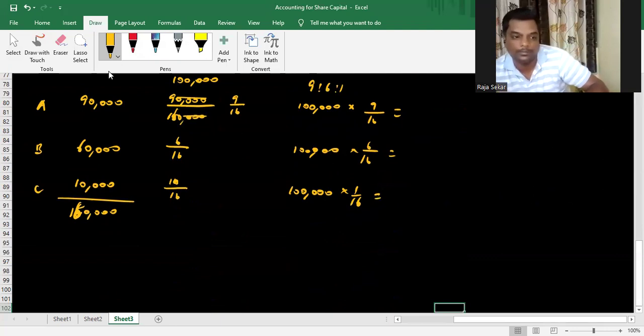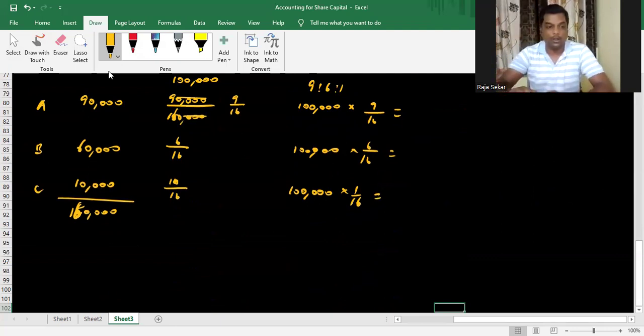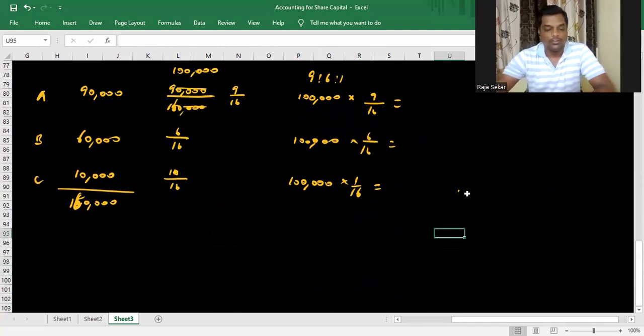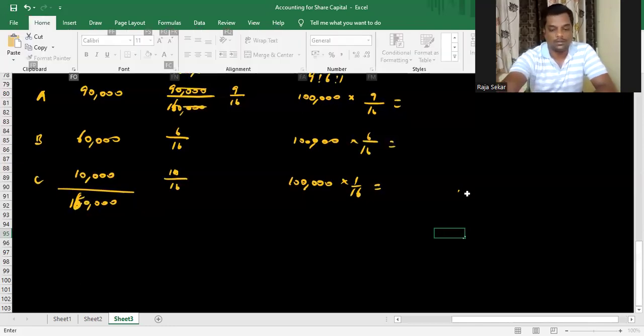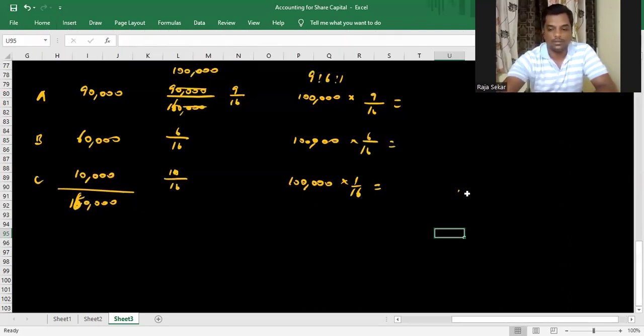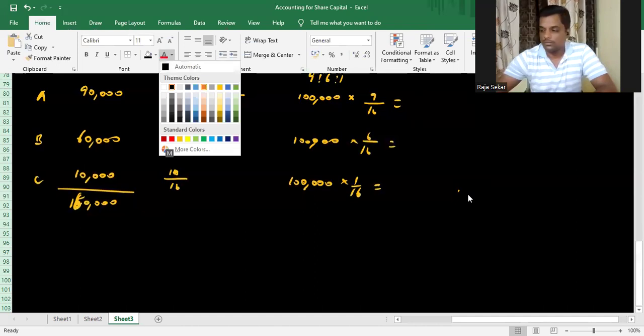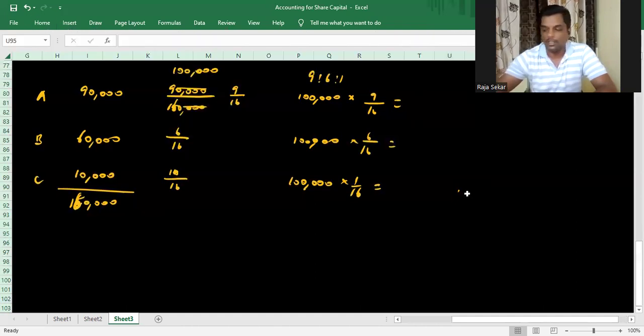For instance, if you look at A, he's been allotted 1 lakh into 9 divided by 16.